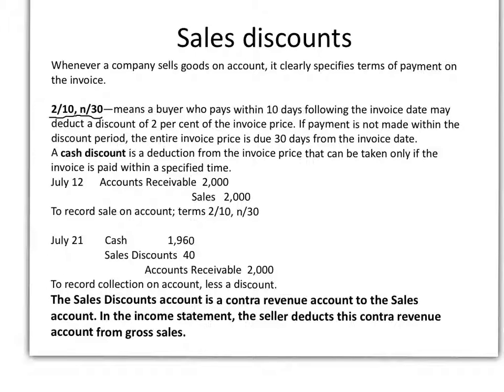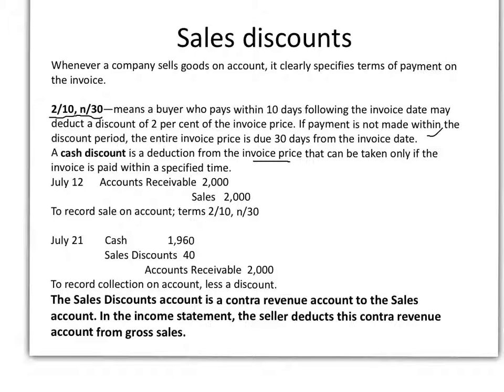That's one of the terms of the sale. That means the buyer, who pays within 10 days following the invoice date, may deduct 2% of the invoice price. If payment is not made within the discount period, the entire invoice price is due in 30 days from the invoice date. It's called a cash discount, and it is a reduction in the invoice price.